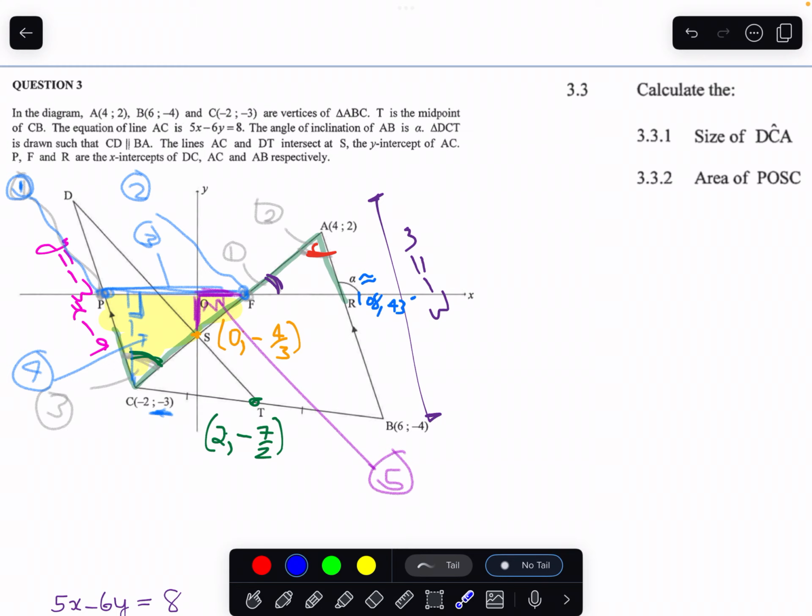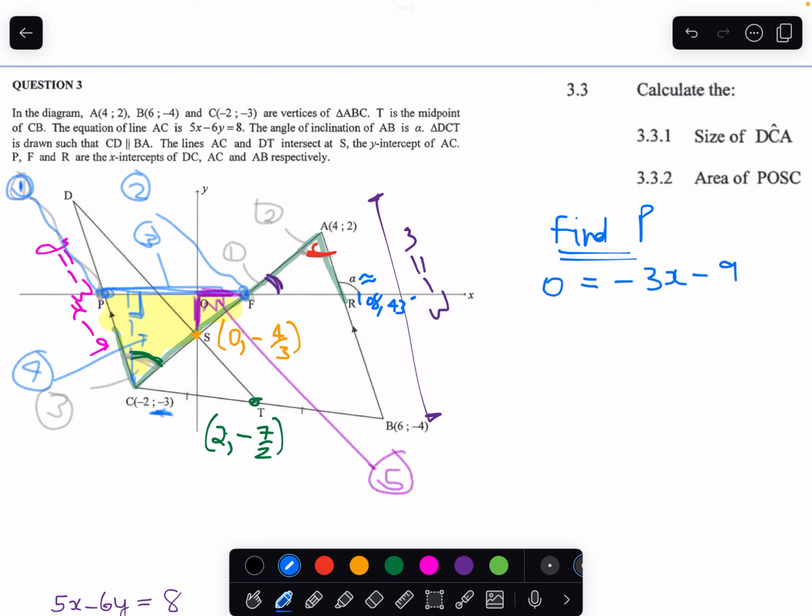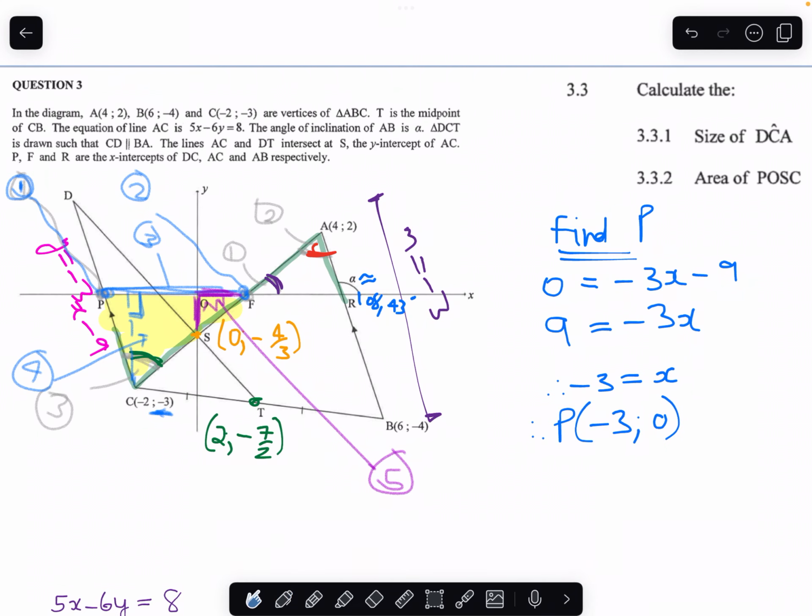Alright, so let's do that. So step 1, we are finding the coordinates of P by making y equal to 0. Okay, and therefore minus 3 is equal to x. So therefore the coordinates of P are minus 3, 0.